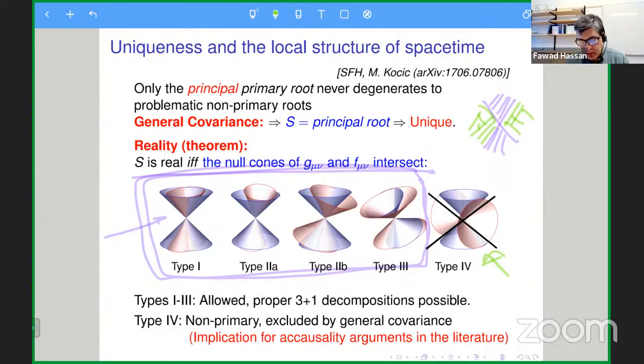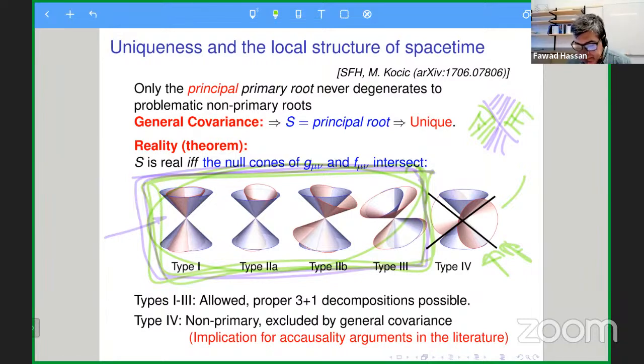In fact, you can argue that, starting from these configurations, this bad configuration never arises dynamically. So once you require that your square root is a principal square root, and your metric configurations are such that your square root is real, then you retain just the correct ones, for which you have compatible 3+1 decompositions, compatible notions of space and time. And in particular, you throw away this one.